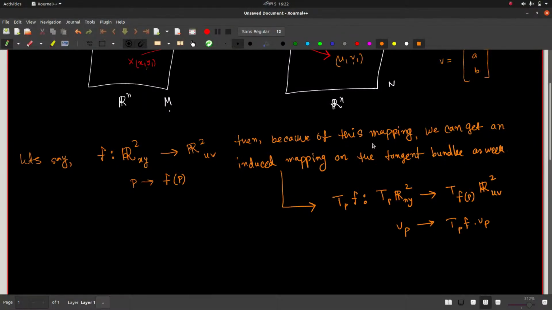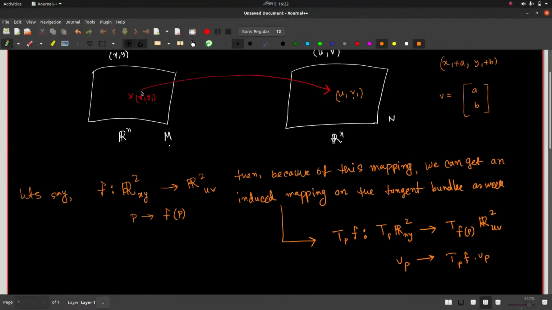So how does this come? Well, think of it as the following. On manifold M, at point p, which is given by these x and y's, you can think of there being a tangent space, right? And on that tangent space you can have some vector. So what will happen in this push forward mapping is that this vector will get mapped into another vector at this point, which is denoted by f(p), like this.